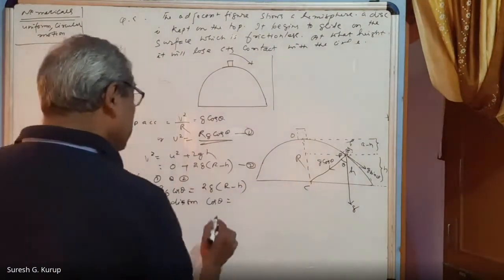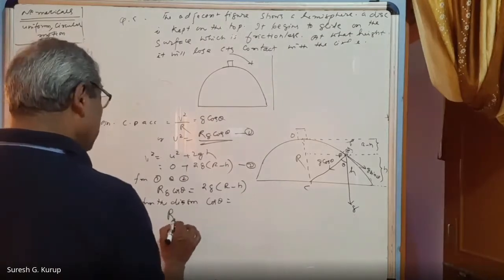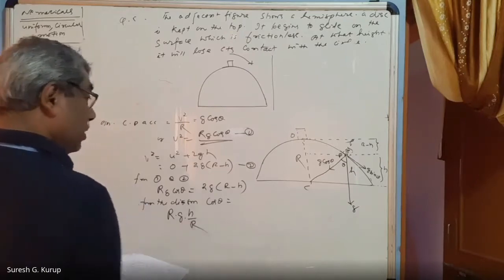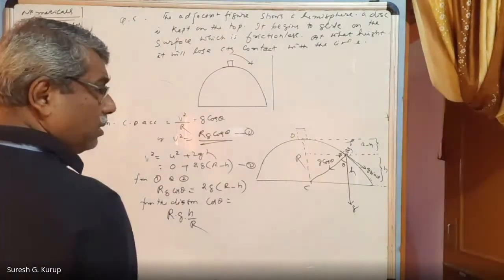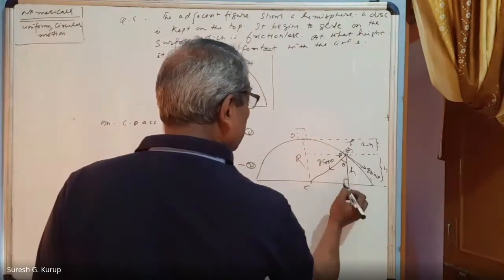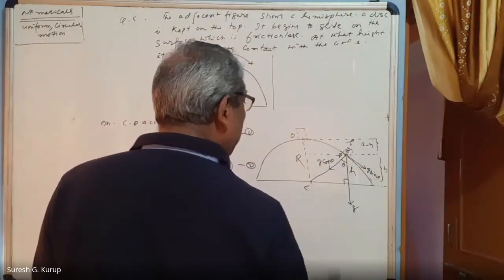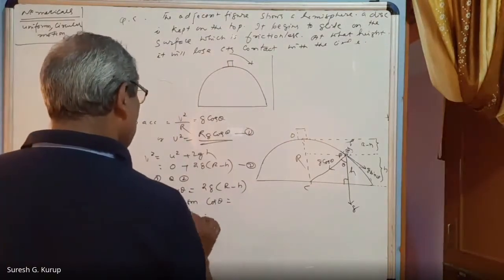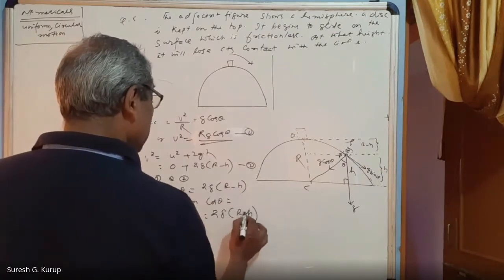Therefore, we can write this as rg cos theta. That means r into g into cos theta is equal to h by r. If this is taken like this, then this is equal to base by hypotenuse. So h by r is equal to 2 into g into r minus h.